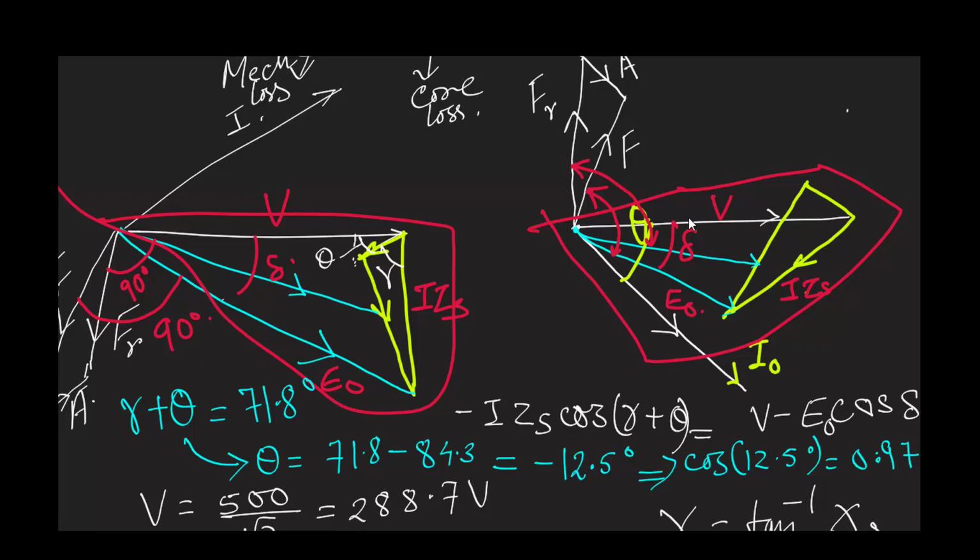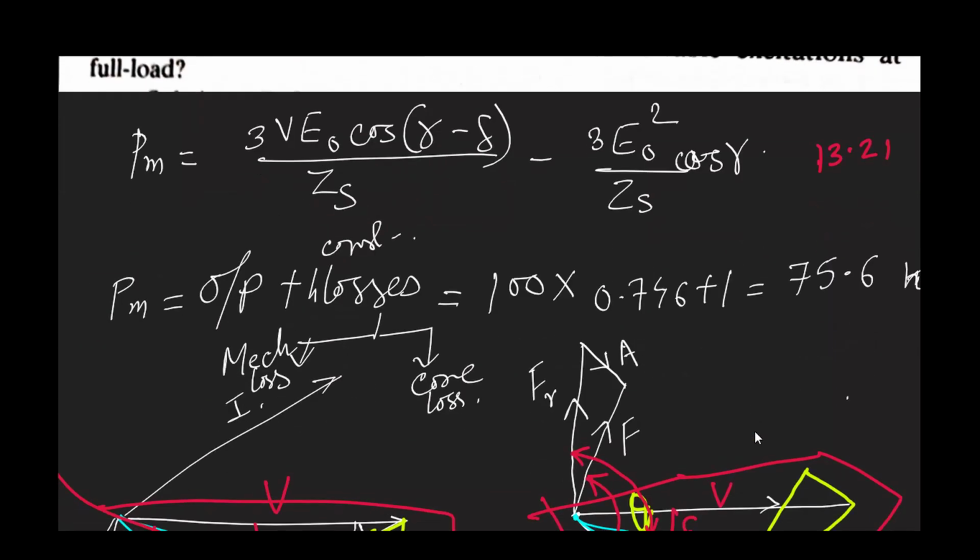This angle is how much? That is theta plus delta plus 90 degree. So what is your theta? And in other way, if we are trying to find out this angle, that will be theta plus delta plus 90 degree, right?